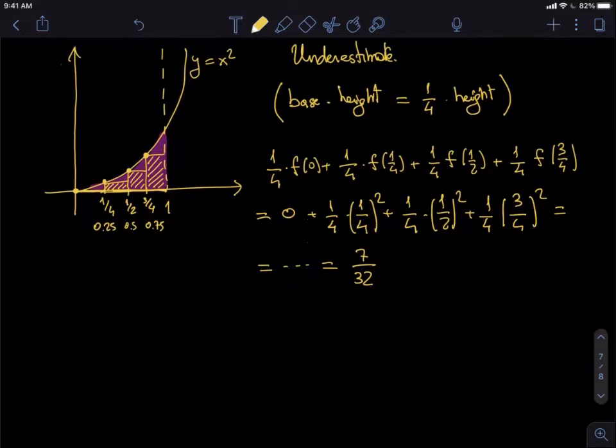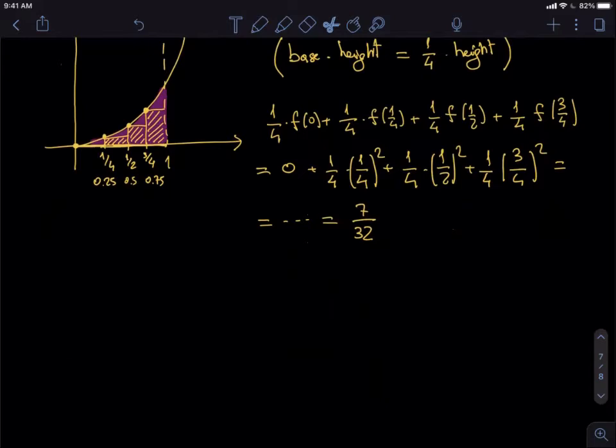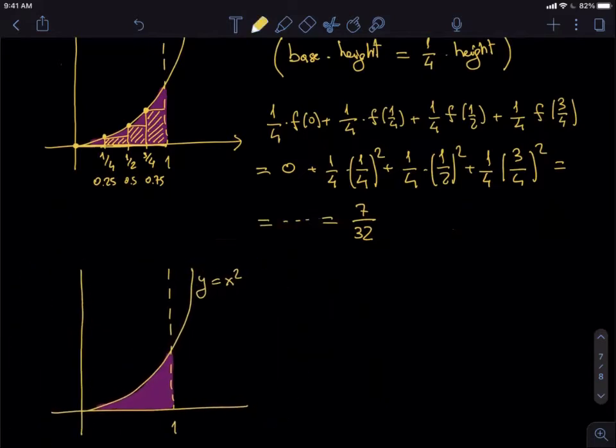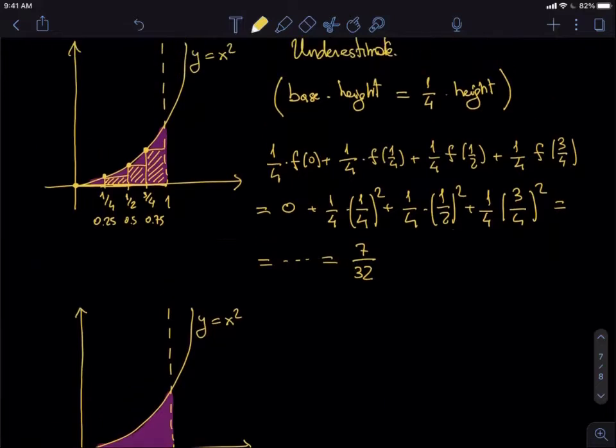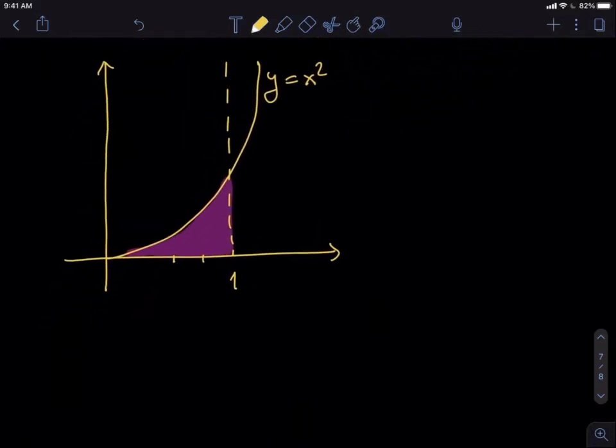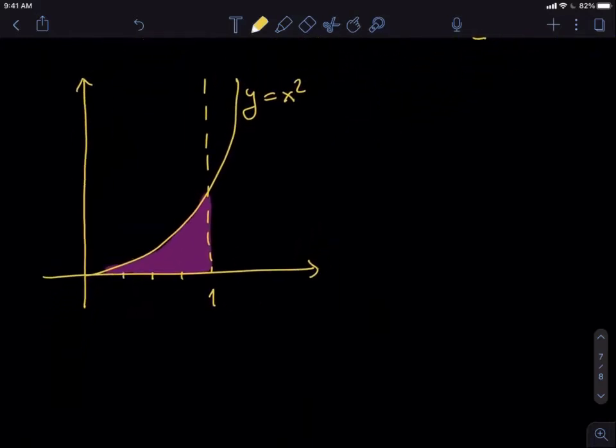Okay, so here what we did was to underestimate. But you could argue, well, why underestimate? And that's fair enough. We could also overestimate. Let's draw the rectangles properly. And instead of taking those rectangles, we could take these ones.